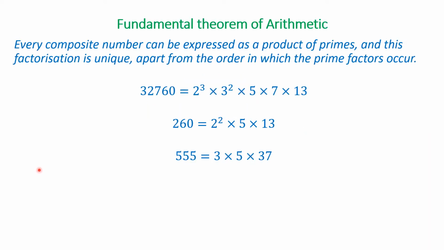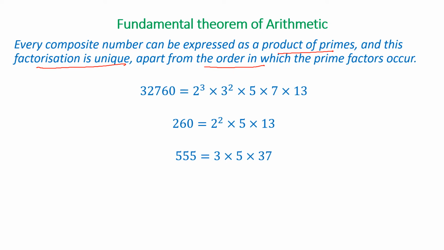The fundamental theorem of arithmetic states that every composite number can be expressed as a product of primes. This factorization is unique apart from the order in which the prime factors occur, which means that if I look at this number 32,760, I'm writing it as a product of prime numbers, prime factors.